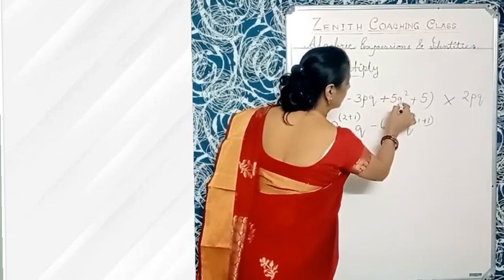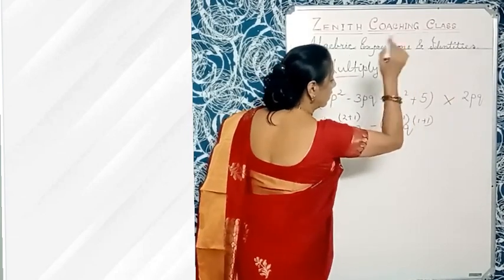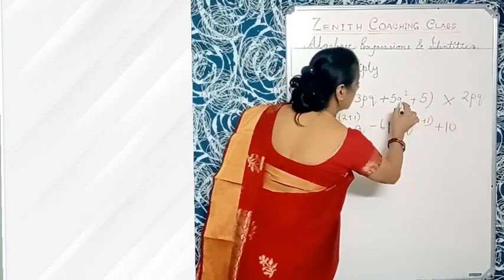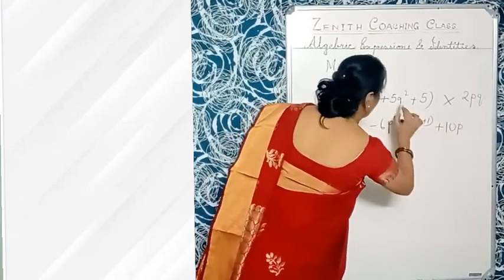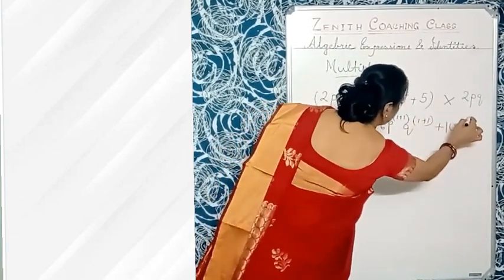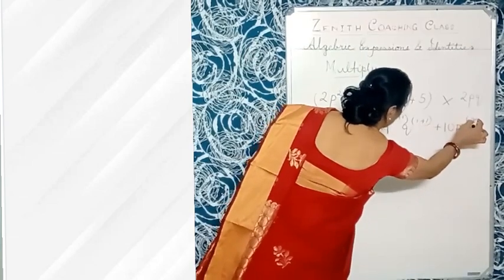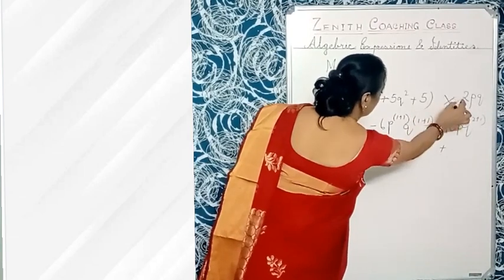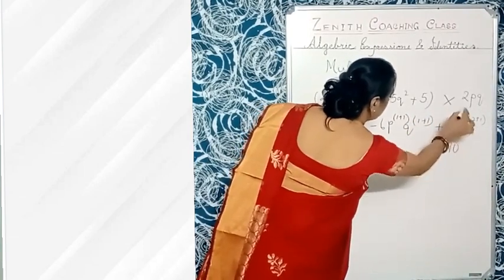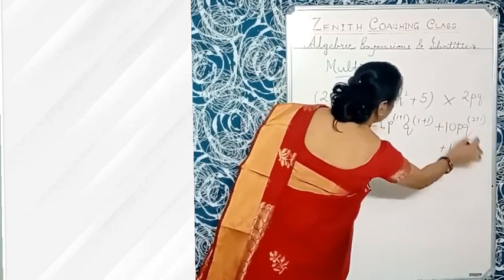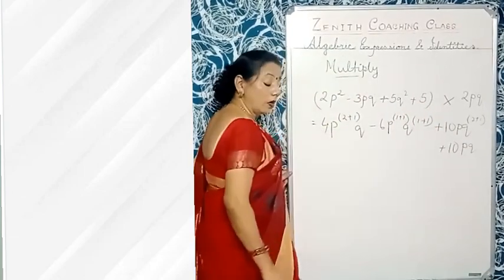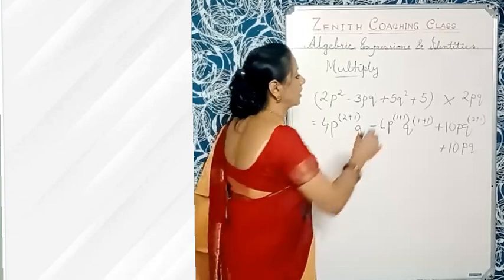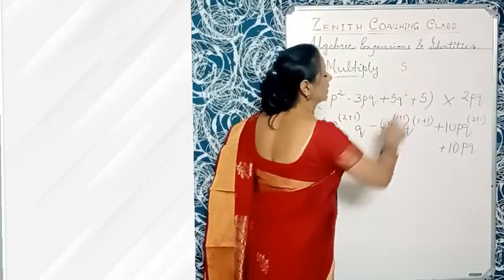Now plus 5q square multiplied by 2pq. So plus 5 times 2 is 10. p is here, and q is 2 plus 1. Okay, plus 5 multiplied by 2, that is 10 pq, because it is a constant term. Constant term means there is no algebraic expression, that is, here 5 is a constant term.